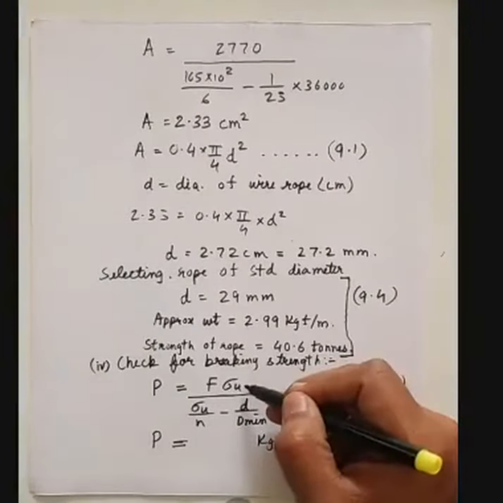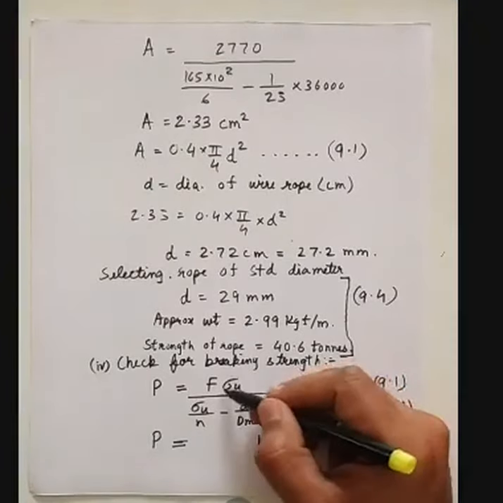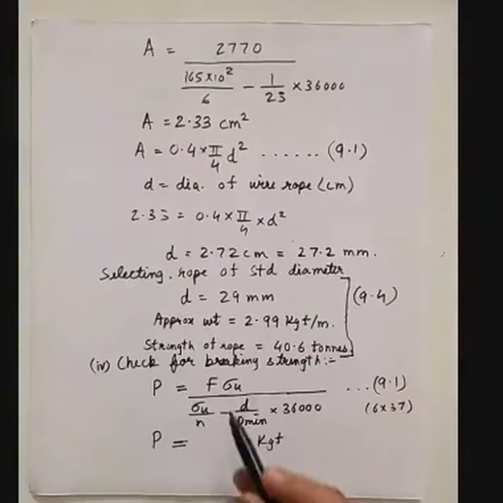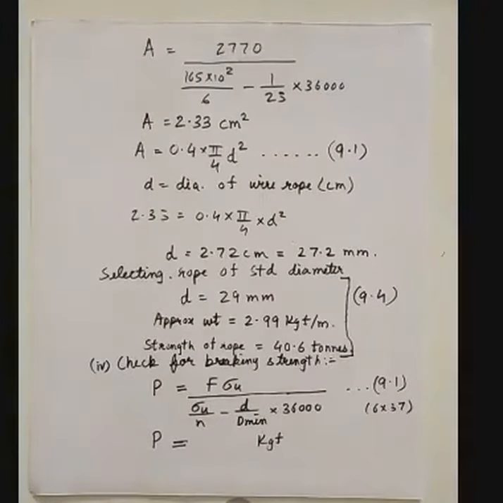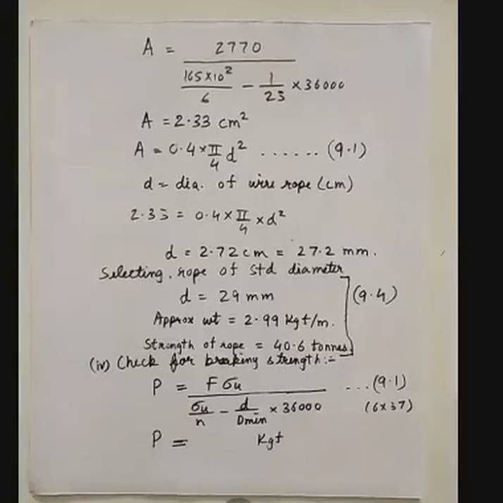We have kept it in kgf per centimeter square, keep it the same, in numerator and denominator both sides. And this value of strength must come less than this value of strength. Then only your rope will pass. Else we have to change the rope. Getting the point? So please substitute all the values and let me know the answer.